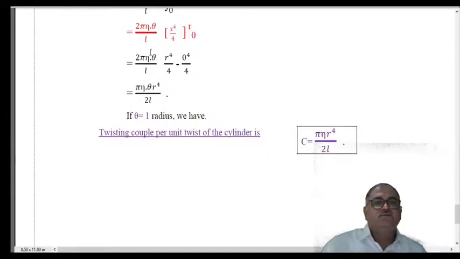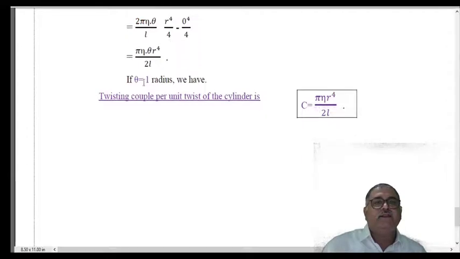Now 2 pi eta theta by L, see here, the upper limit is r raised to power 4 divided by 4 minus the lower limit 0 raised to 4 upon 4, this quantity is 0, and therefore pi eta theta r raised to power 4 upon 2L.